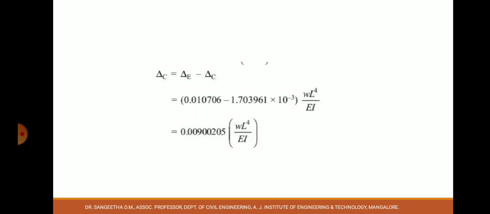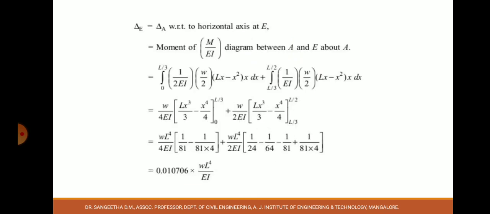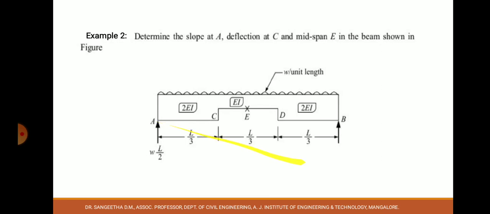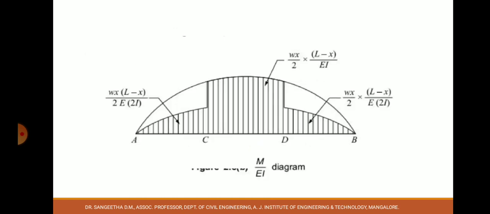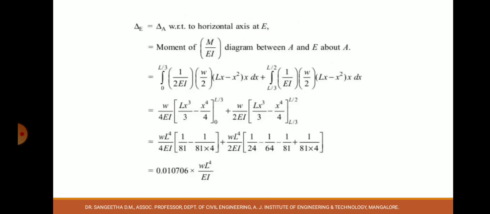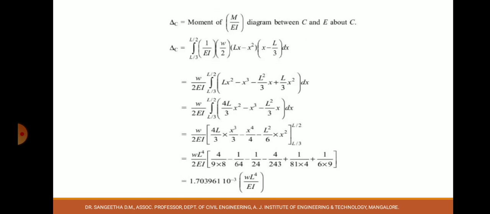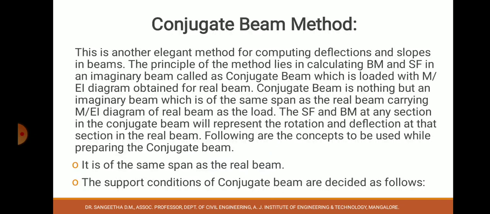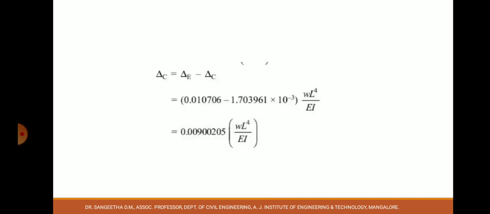When you are evaluating deflection, it is from a particular point, from A to E, from A to C. If you want it at C, the difference between these two will give you the deflection between C and E. So you have to take the difference between C and E, and the difference of the two will give you delta C. That's about the moment area method.